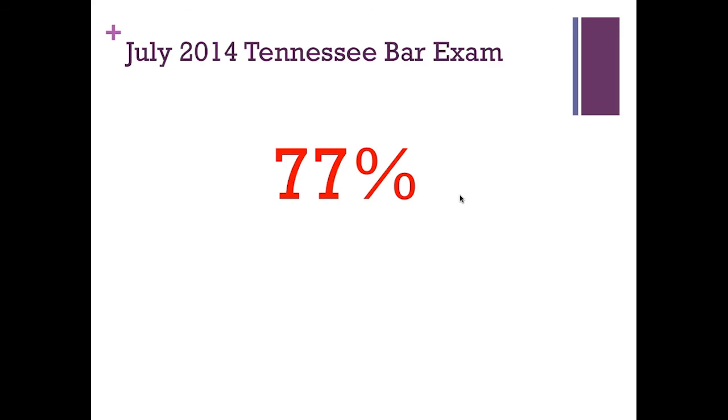And so while we were at 81% in July 13, but below the state average, we were actually 77% for the next administration in 2014, but that represented almost a 5% improvement over the statewide first-time bar pass average.